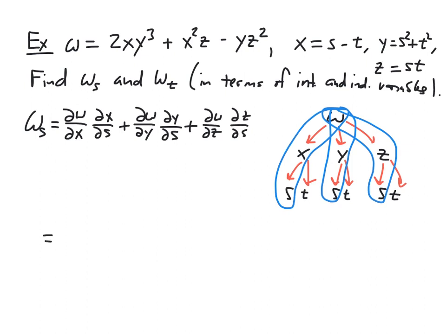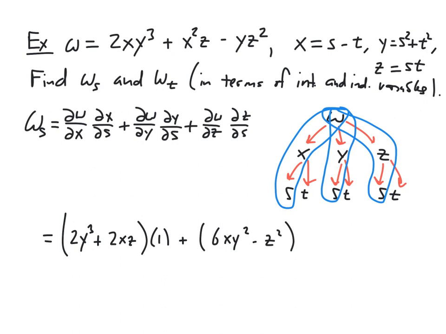So del w del x is going to be 2y cubed plus 2xz. Del x del s is just 1. Del w del y is going to be 6xy squared minus z squared.